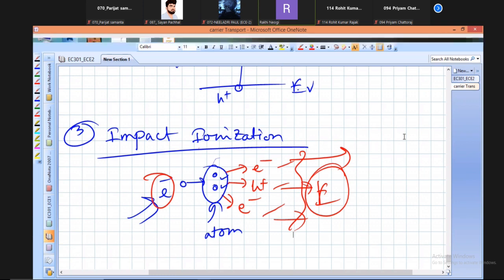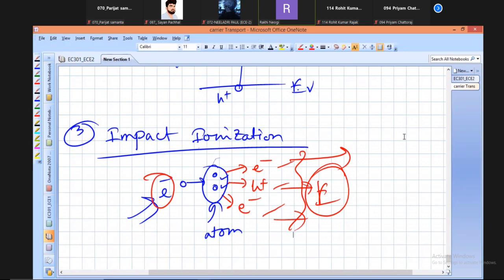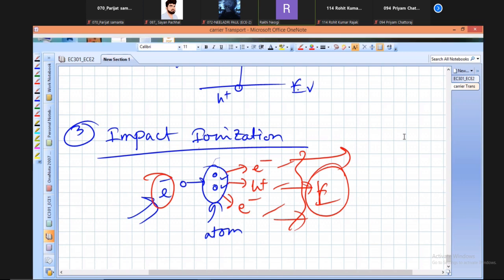This process was due to the electric field and due to the collision. It would be better to say impact. Impact force, that is, due to collision, is called impact ionization.